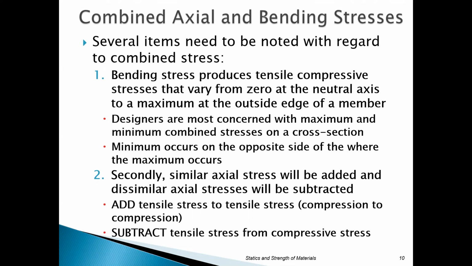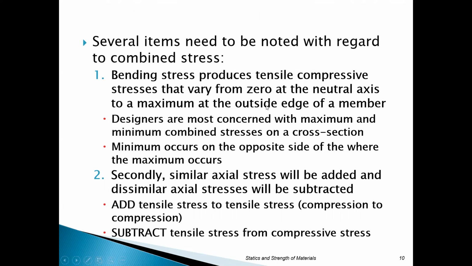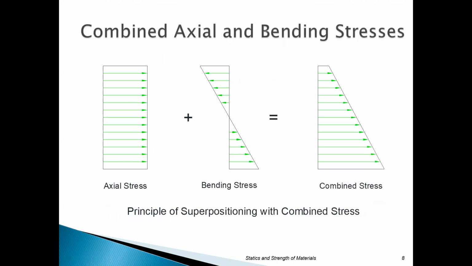Your bending stress, remember, is going to produce a tensile stress and a compressive stress. So that should say tensile stress and compressive stresses. And they are going to vary from 0 at the neutral axis to a maximum at the outside edge. So if I go back to that diagram, what this is saying is you're going to have tensile stresses develop here, compression there.